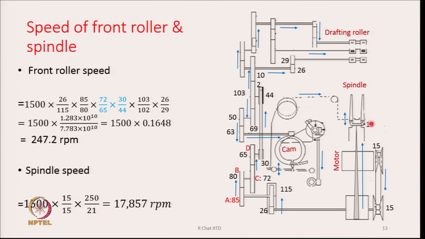It is shown here as 19, but we have chosen 21 just as an example; we can keep it 19 also. This gives you a figure of 17,857 rpm. So, therefore, the spindle speed is 17,857 rpm.